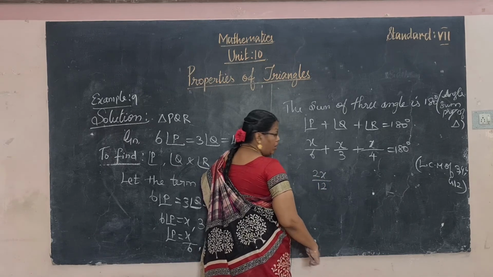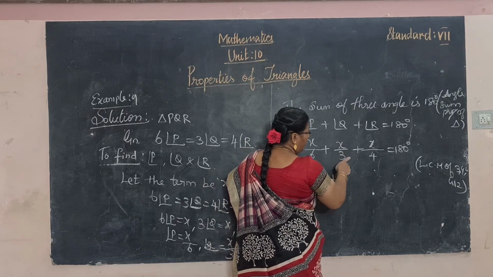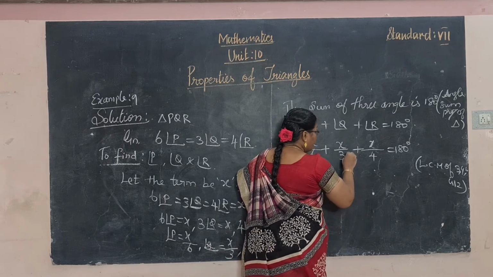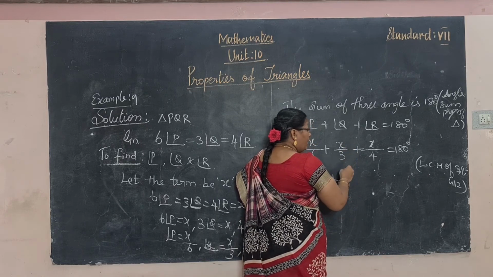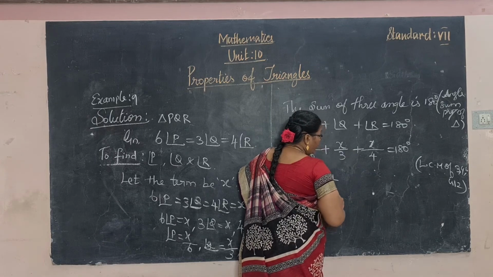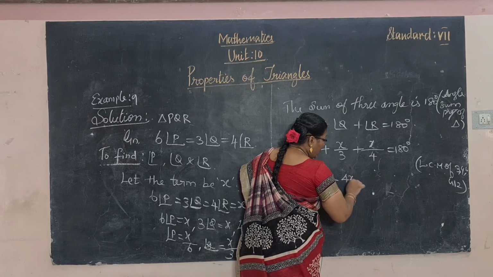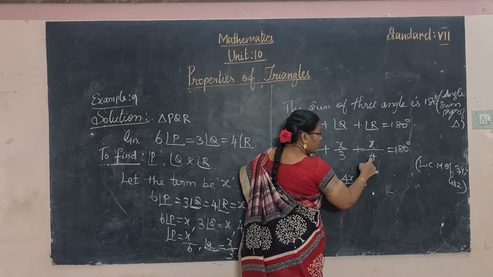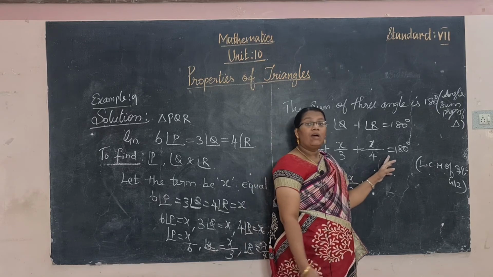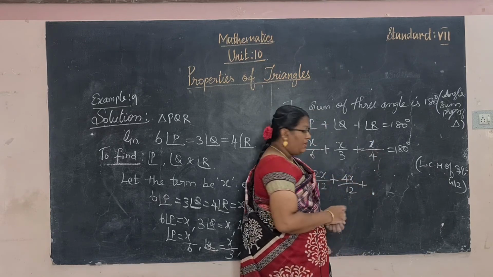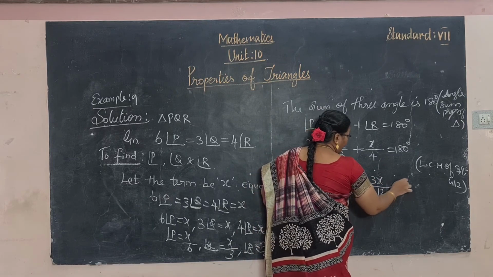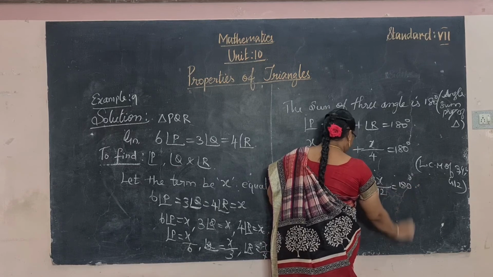For the second term, we multiply the numerator and denominator by 4, so 4x by 12. For the third term, the denominator is 4, so we multiply by 3, so 3x by 12 equal to 180 degrees.